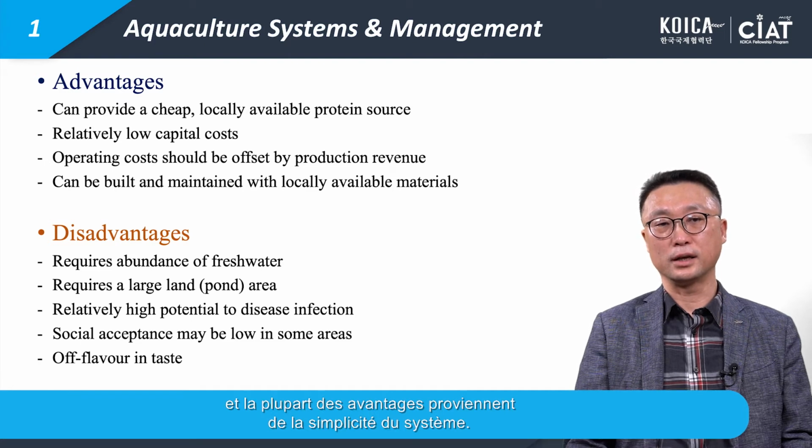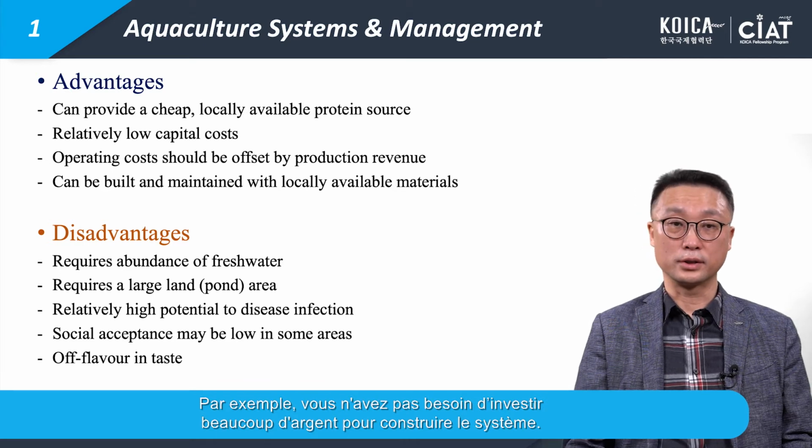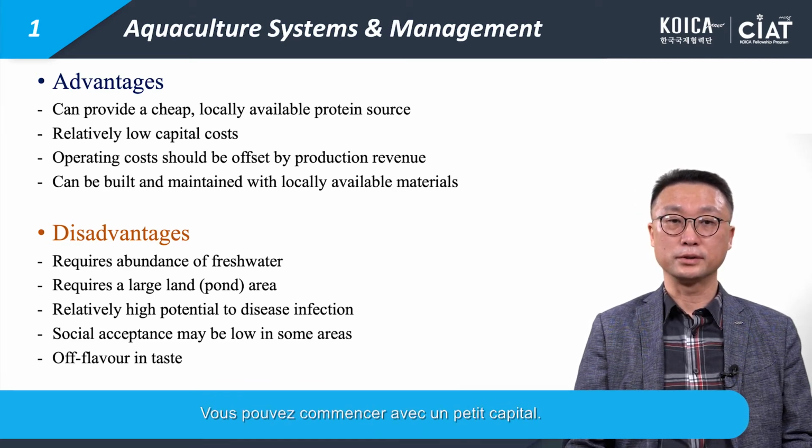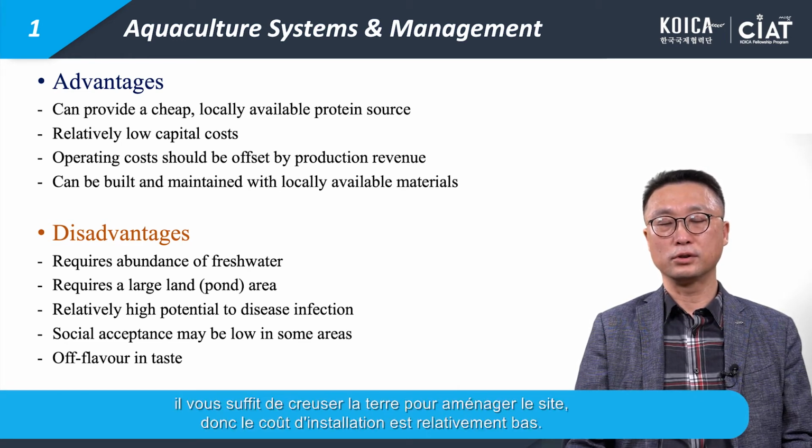Mainly the advantage comes from simplicity. You don't have to invest a lot of money to build pond aquaculture systems. That means a relatively low capital cost will be required. And it usually goes with impoundment by digging up the earth.